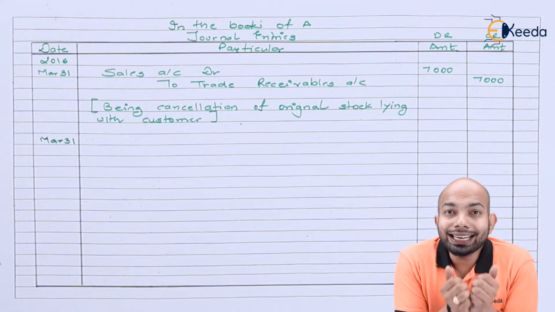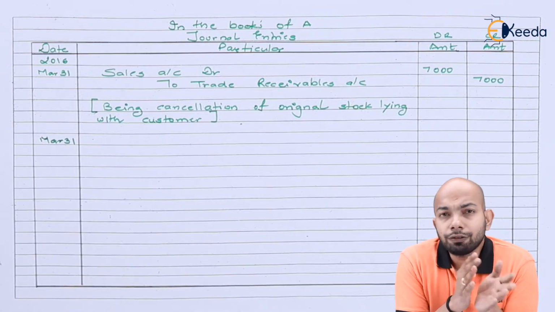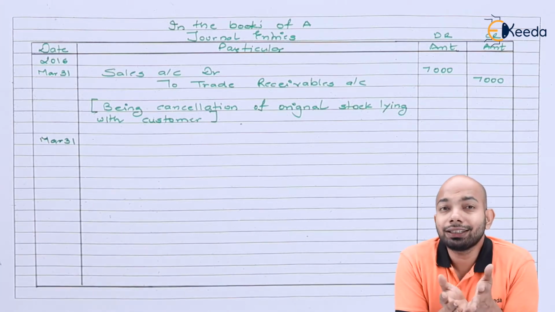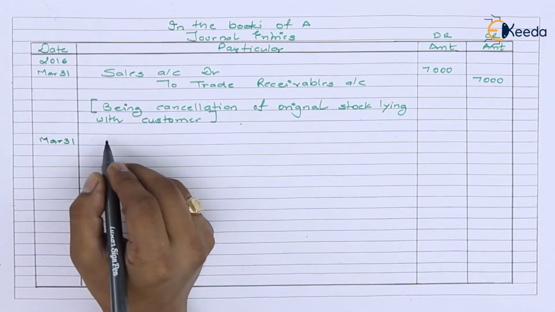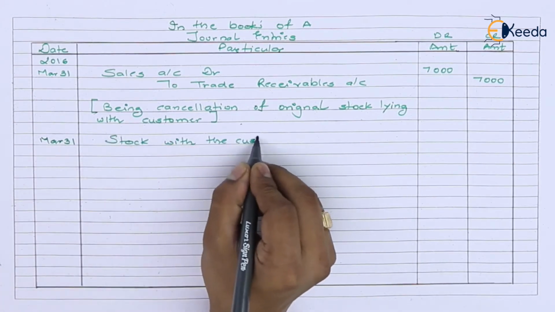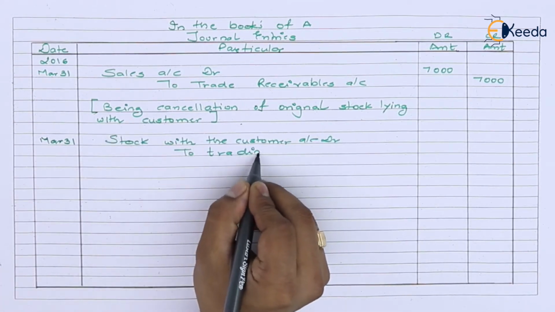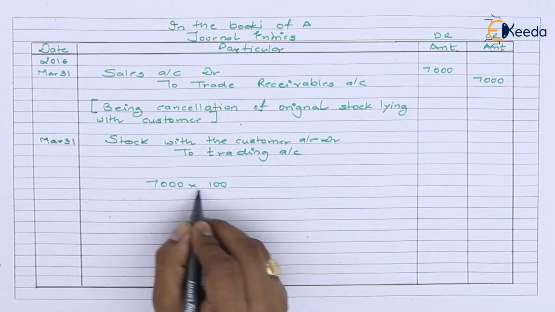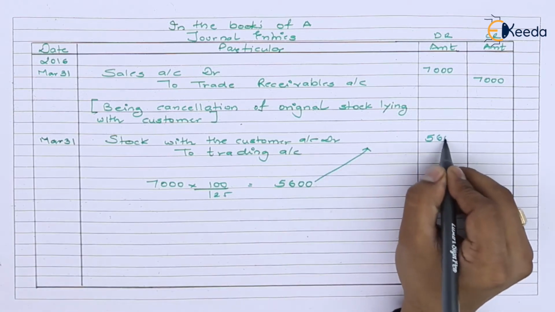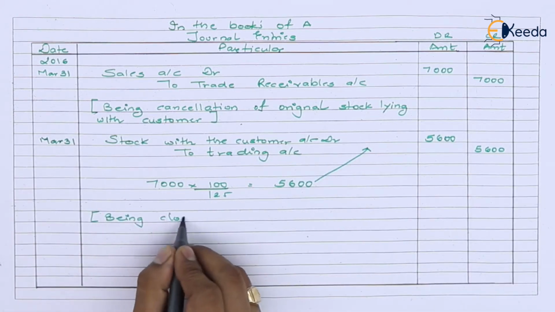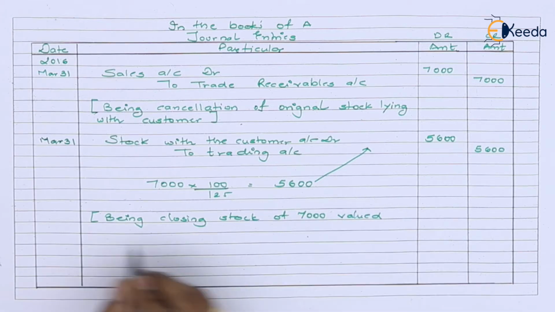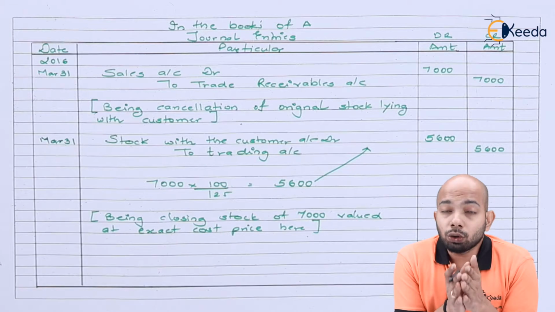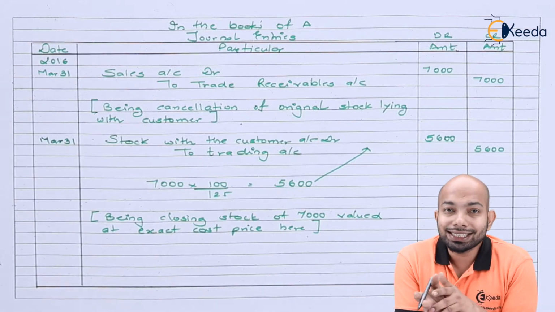If we take that 25% out, how much is 100% here then? Because it is currently 125%. So if you can see, we have figured out that the closing stock value is ideally 5,600.